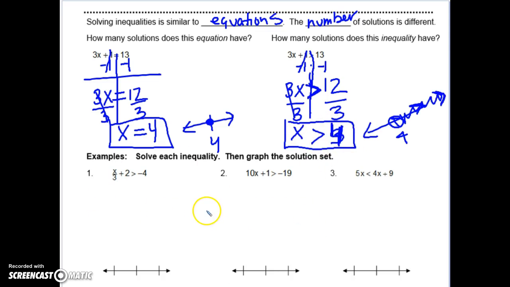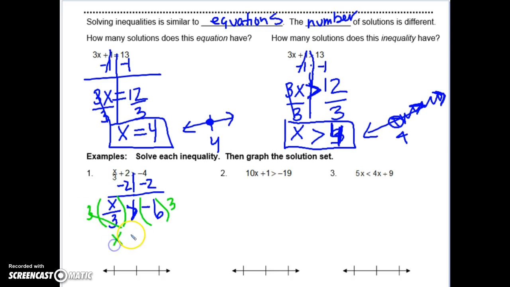So let's go ahead and do some, then you'll solve some. Same thing, I'm going to draw my line. To get this alone, I'm going to subtract 2, do the opposite. So I have x over 3, don't write equals, is greater than negative 6. To get x by itself, I'm going to do the opposite of division, which is multiply by 3.